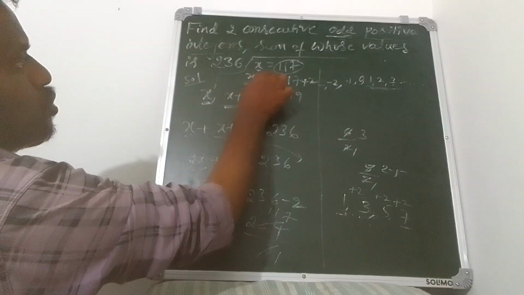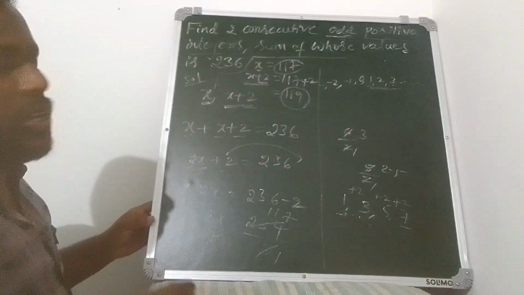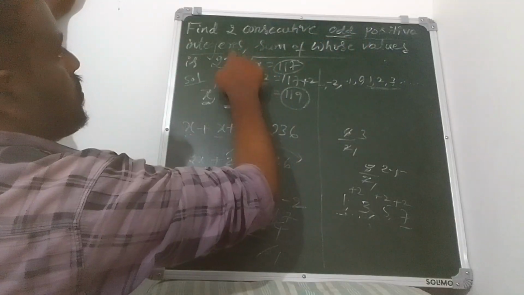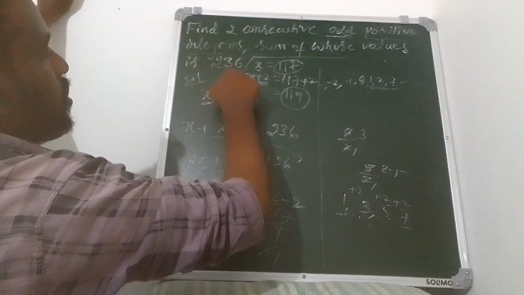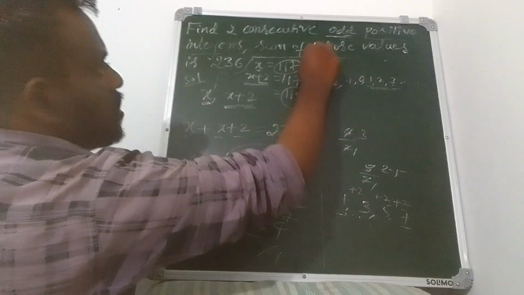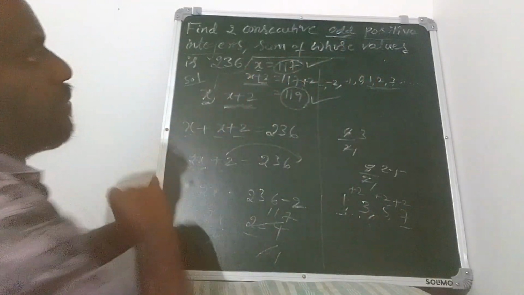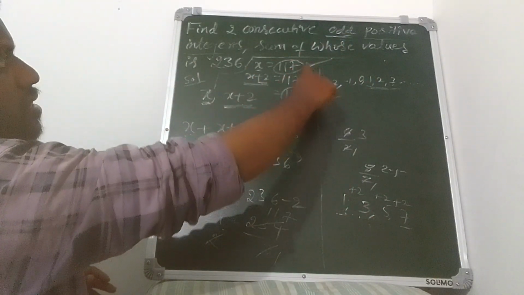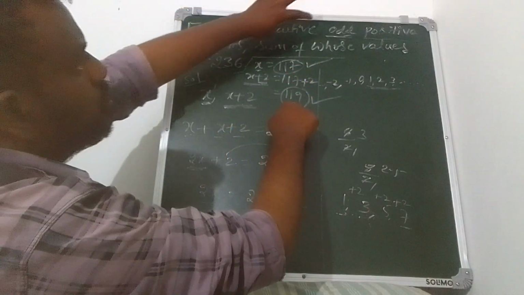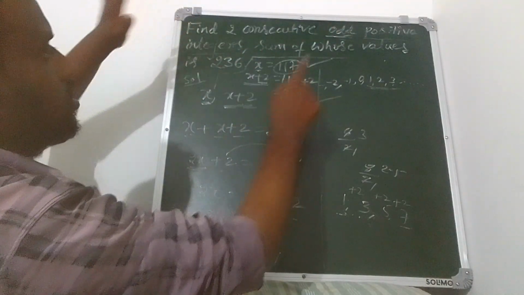The next number is x plus 2, that is 119. Now the question is, find two consecutive odd positive integers whose sum is 236. That means which are those values? This is the answer, 117 and 119.